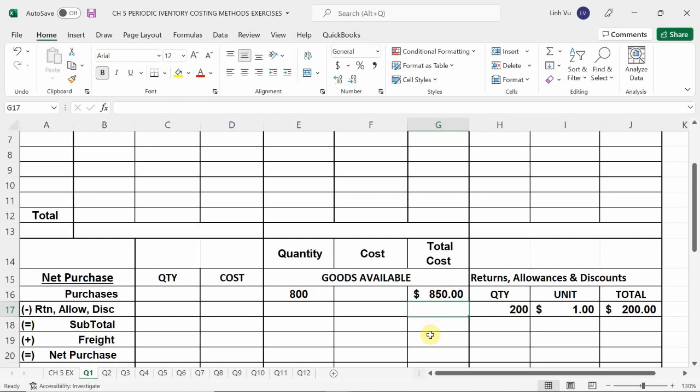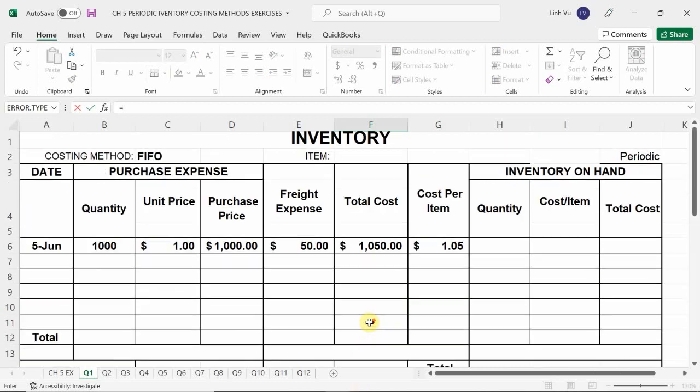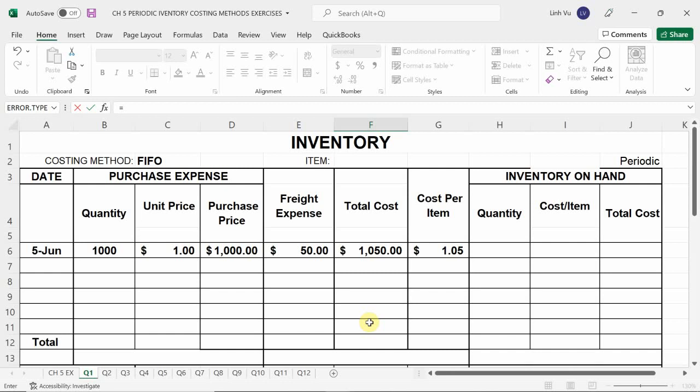So then what does that obligate me to have to do? I need to resolve for my average cost per item because now, is it fair to say that my items are $1.05 each? No, because I have fewer units to spread my total cost over.